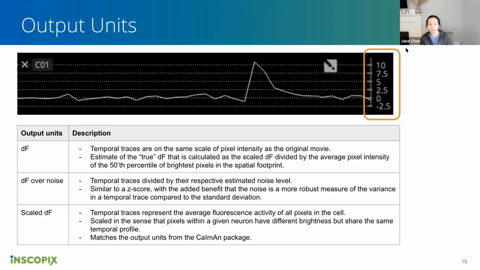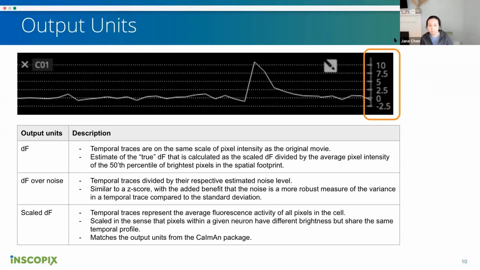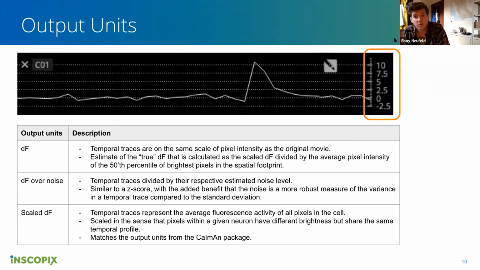Related to that, is there a minimum number of frames that you would need for CNMFE to work properly? It depends on your frame rate and your activity, but say you had a 30-second recording, would that be fine, or does it need to be at least 5 minutes? If you have a 30-second recording at a high frame rate, and most people probably image between 10 to 20 hertz, you can always identify cells regardless of the number of frames.